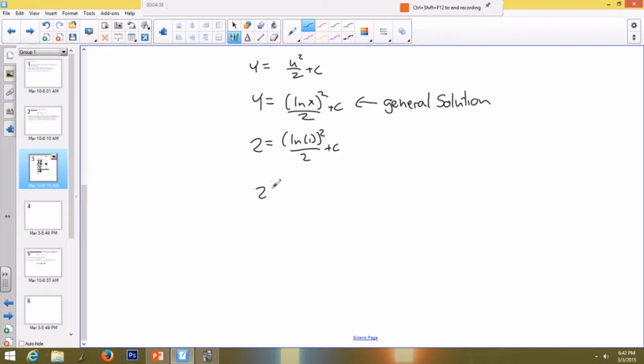So I get 2 equals 0 over 2 plus c. That means c also equals 2. So my particular solution is y equals the quantity ln of x squared all over 2 plus 2, and this is my particular solution.